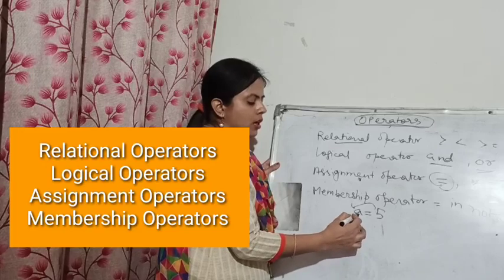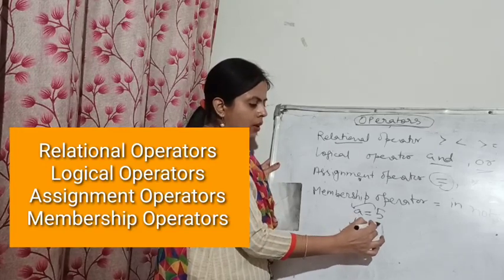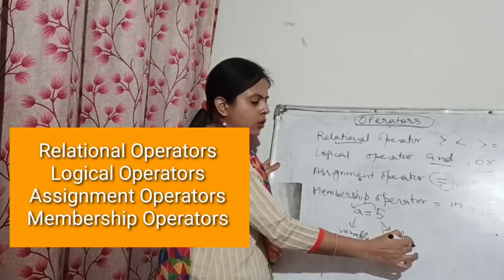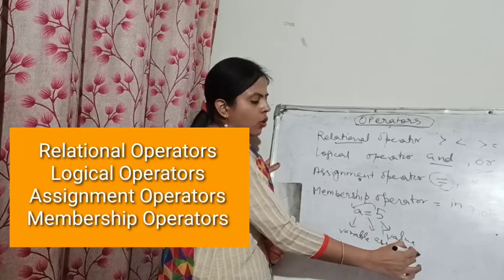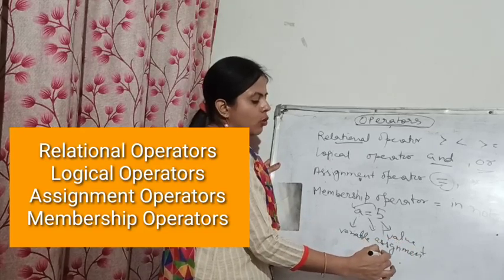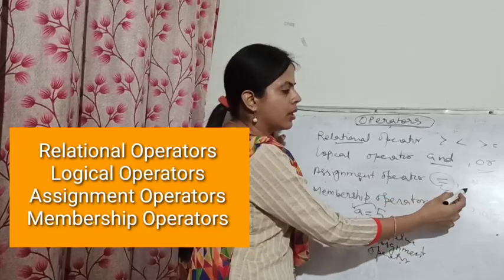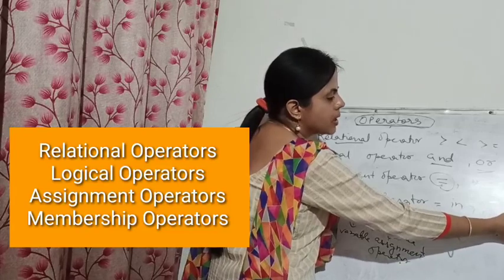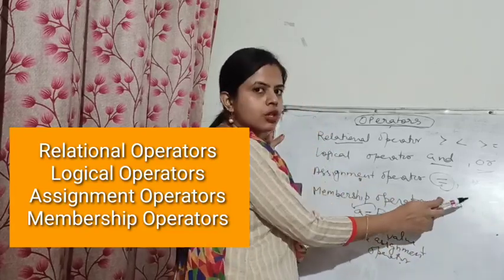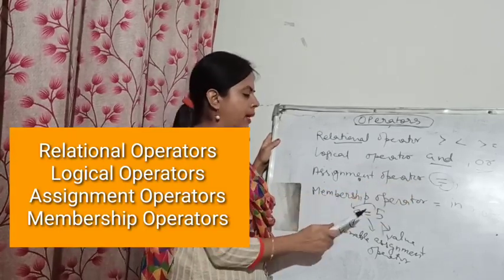This is the variable, this is the value, and this is the assignment operator. Okay, this I have told you earlier as well. Now assignment operator also contains many other symbols like multiply equal to, plus equal to, percentage equal to, minus equal to. This I will show you, how you can use this or how these are represented in Python.